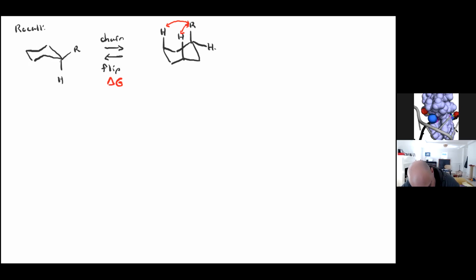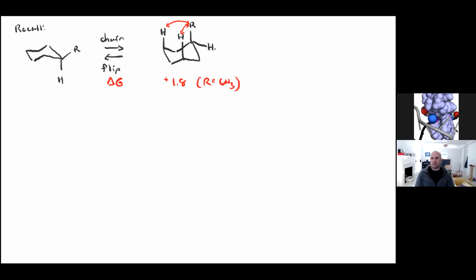So this conformer for R equals methyl is about 1.8 kcal per mole higher in energy. And so the equilibrium between the equatorial and the axial conformers greatly favors the equatorial conformer.